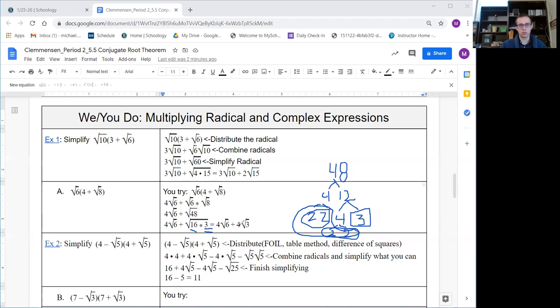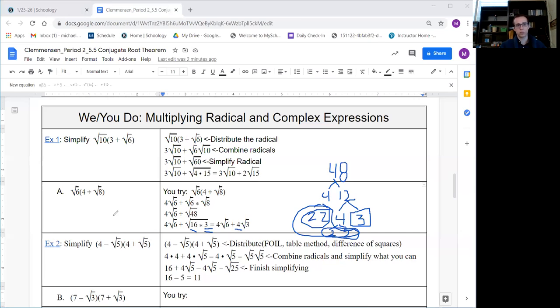So that's how I got 16 and 3. By doing my prime factorization, combining all the combinables, all the things that are common, and then leaving the one thing that was left over, that 3, behind. Square root of 16 became 4, then I was done. Does anybody have any questions?